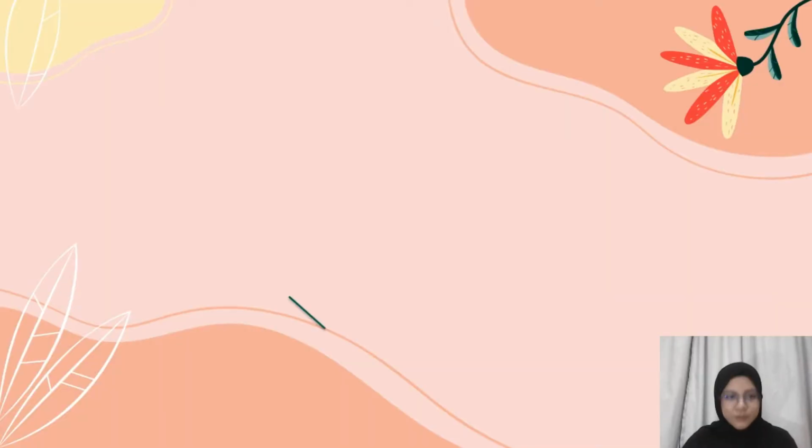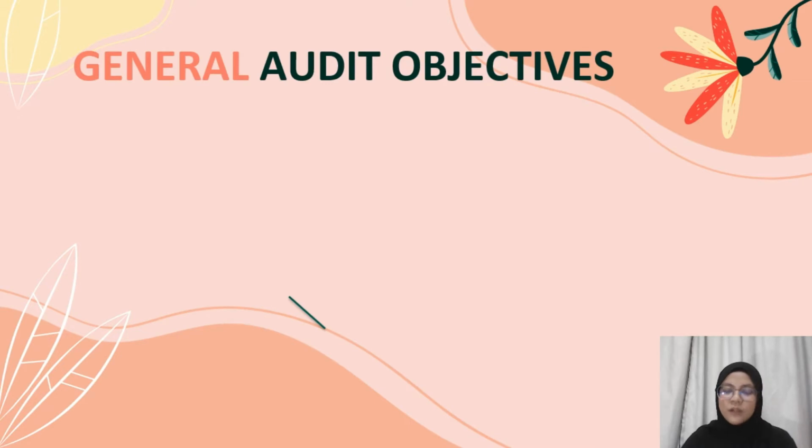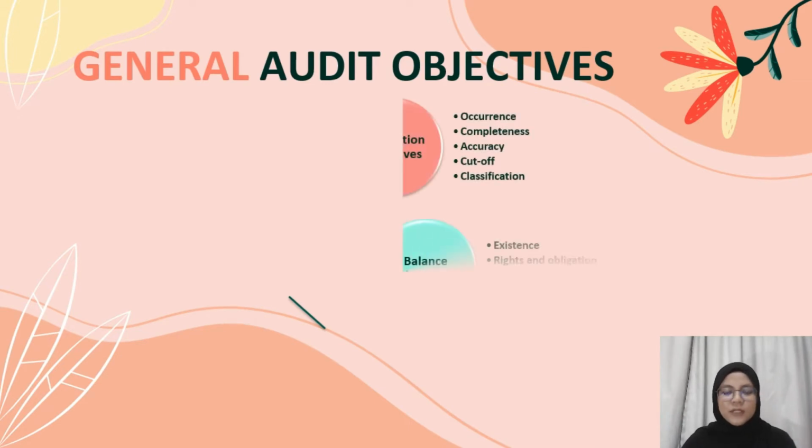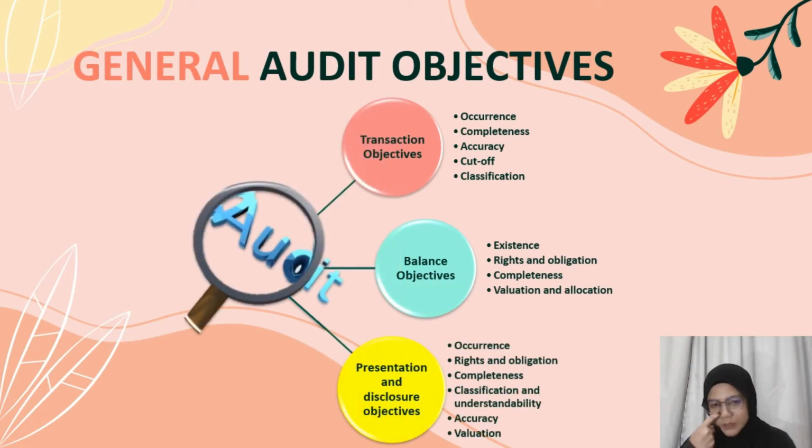So as I mentioned before, there are two types of audit objective. This is the second one, the general audit objective. General audit objective has three levels. The transaction objective involves occurrence, completeness, accuracy, cut-off, and classification. The second level, the balance objective, involves existence, rights and obligations, completeness, valuation, and allocation.